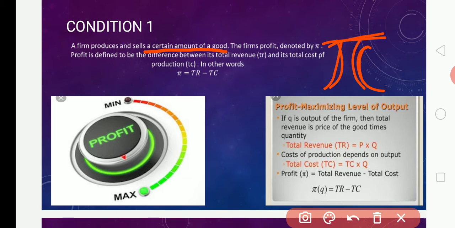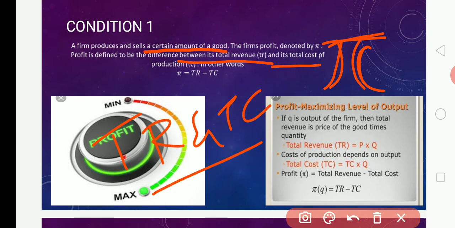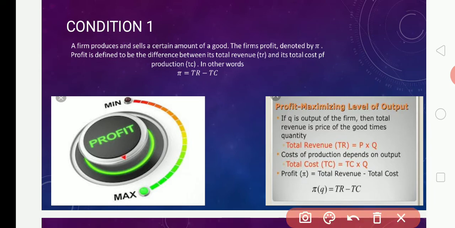Profit is defined to be the difference between the total revenue and the total cost. In other words, profit is represented as pi equals TR minus TC.